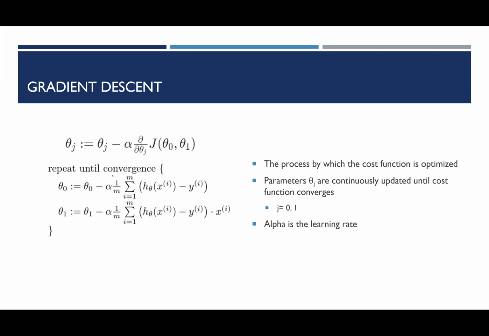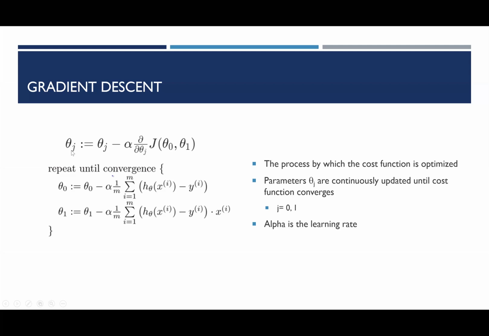Now, gradient descent is the process by which the cost function is optimized. Here we have an update of the parameters. The new theta j is set to the current value of theta j minus the partial derivative of J theta, the cost function, times alpha, which is the learning rate.